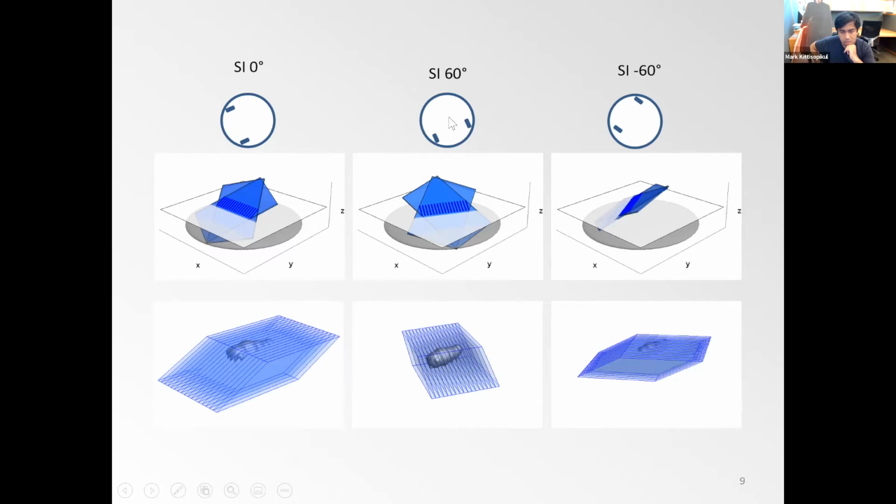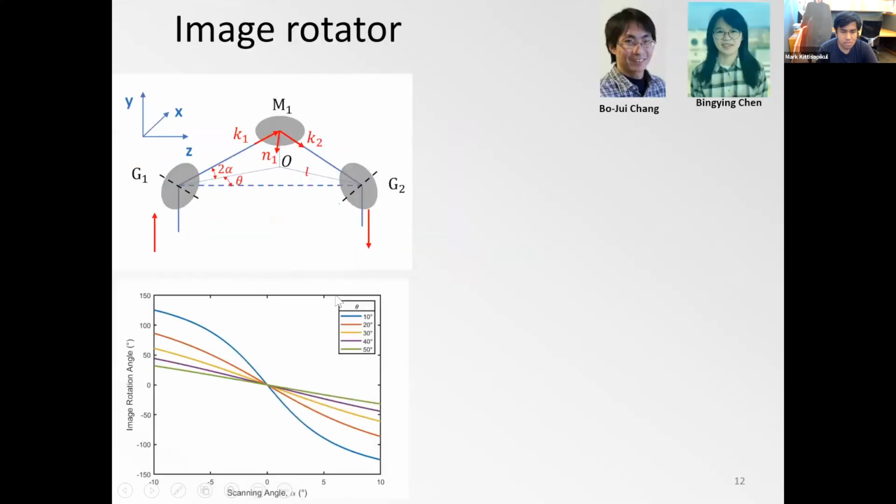And actually rotation goes between Fourier space and real space. So even if the image rotator is in image space, it also rotates the same way in Fourier space or in pupil space. Does that help? So the image rotator doesn't care if the line is in the center or outside, it just rotates it.